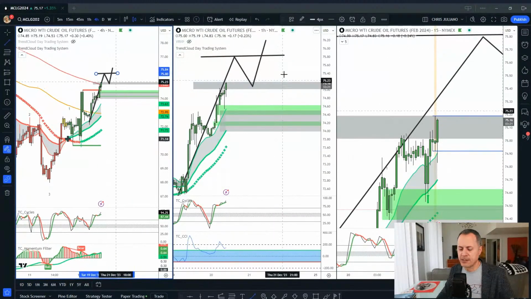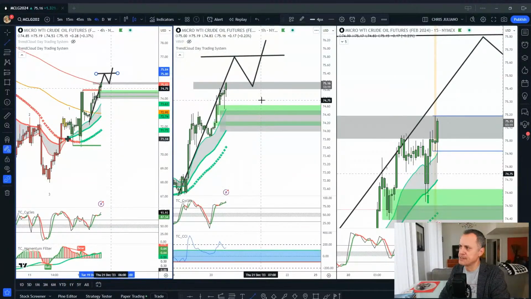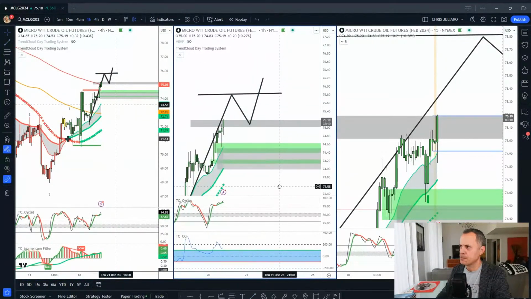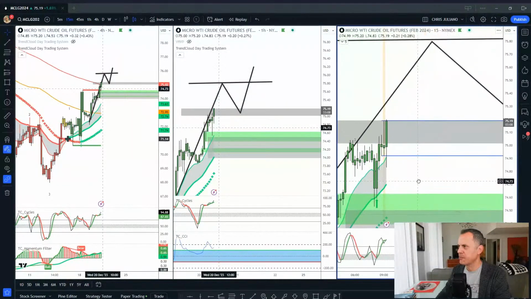That pattern recognition there is powerful information. You line stuff like that up with your cycles and your TrendCloud mapping system, and you've got something significant. And it did, all right? Broke through that sucker.